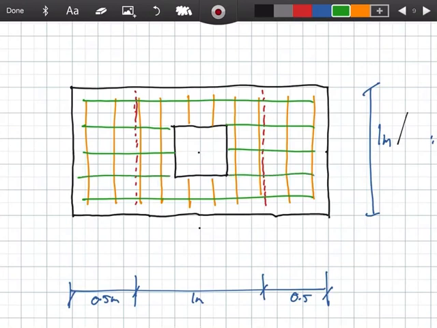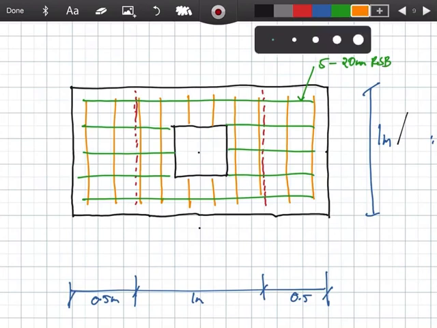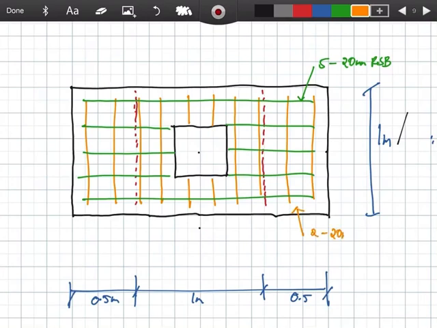Okay, so ganyan siya. So, lagyan natin ng label. Ito ay 20 mm RSB. Tapos, dito naman ay 620 mm RSB.